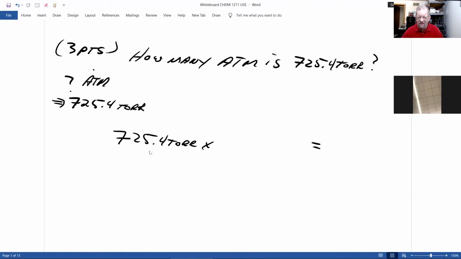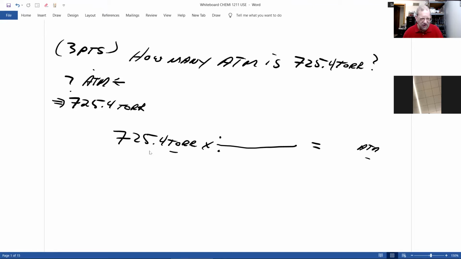And what do I want my answer to be in units wise? Atmospheres, ATM. Now, if I had a magic ratio, a ratio that I can convert this torr into atmospheres, what would be here? And you know what's coming up. You're right.